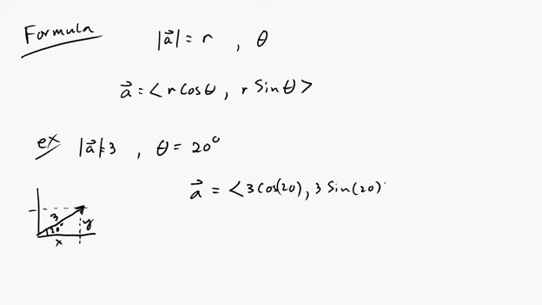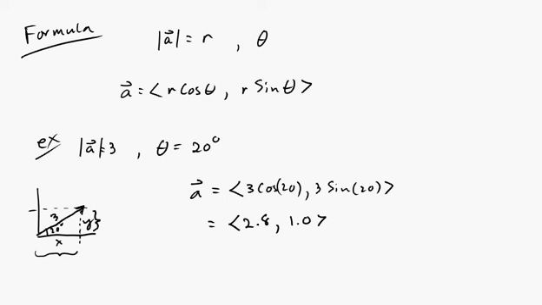And that would give our x and our y's. Now on my calculator, I'm getting about 2.8 and 1.0. So I would walk over 2.8 and I would go up 1.0 to get to the same spot instead of turning 20 degrees and walking 3 to that spot.